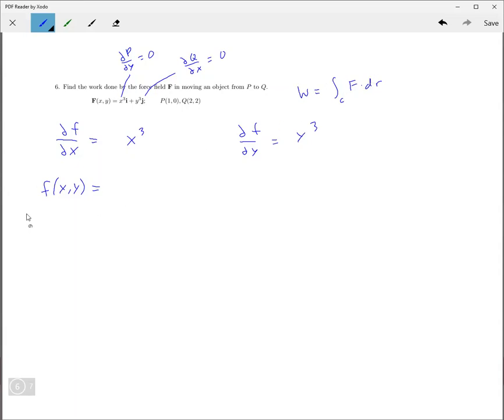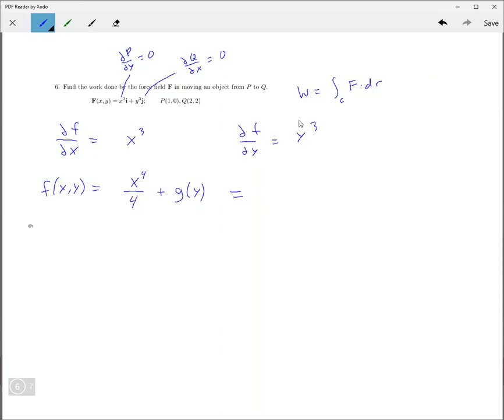So finding the potential function is the route to go. What function will give me x cubed when I take the partial with respect to x? One over 4 x to the 4th, exactly, plus some other function in y, right?